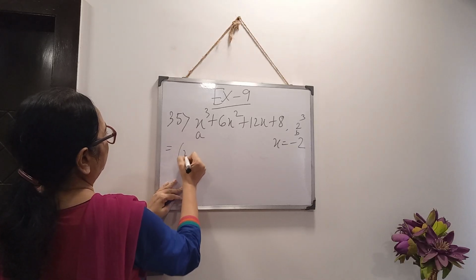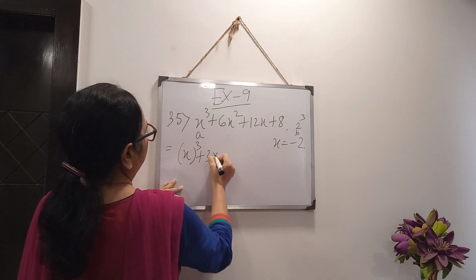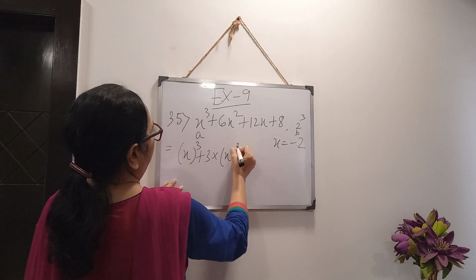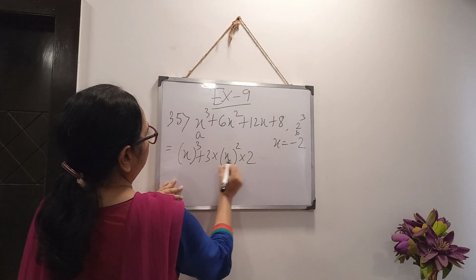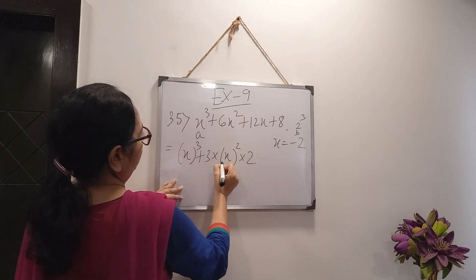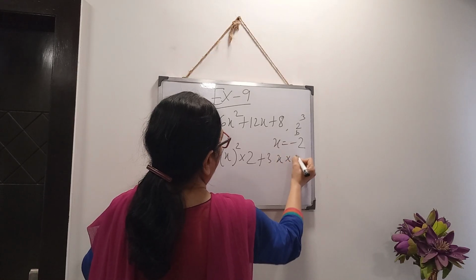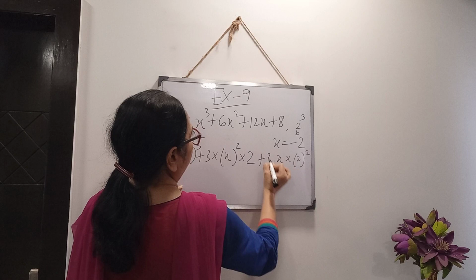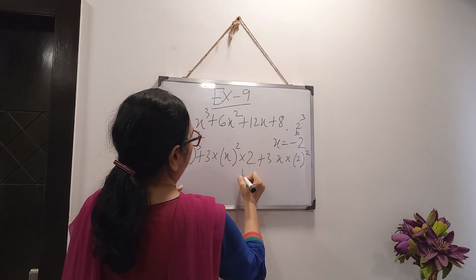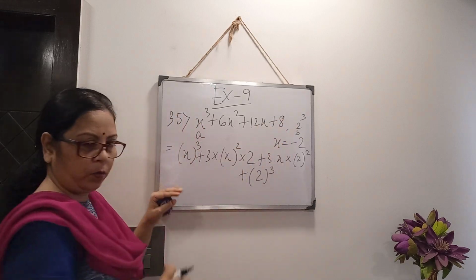So I am writing in this form: a cube plus 3 into a square into b, which gives 6x square; plus 3 into x into 2 square, 3ab square, 2 2s are 4, 4 3s are 12, we have got 12x also; plus b cube, which is 8, we have got.